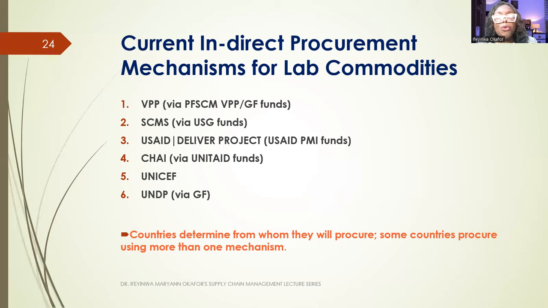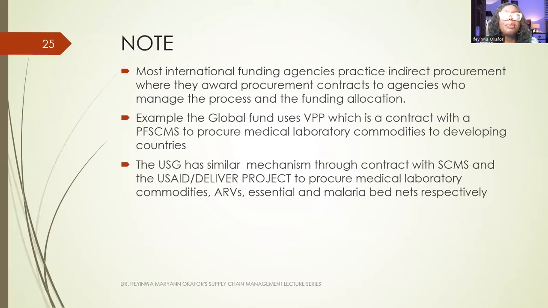Now, countries determine from whom they will procure. Some countries procure using more than one mechanism. Note, most international funding agencies practice indirect procurement system where they award procurement contracts to agencies who manage the process and funding allocation.